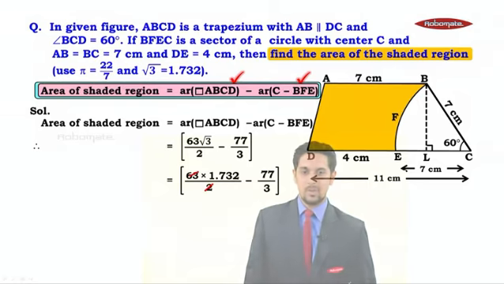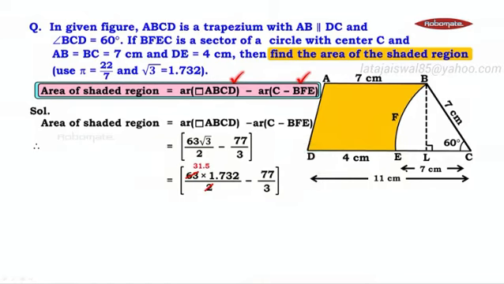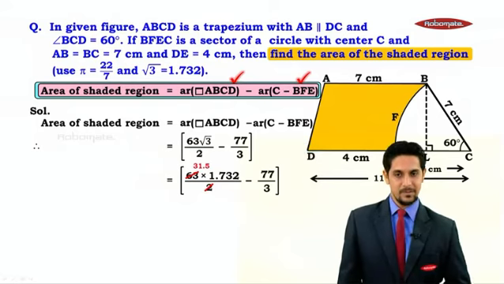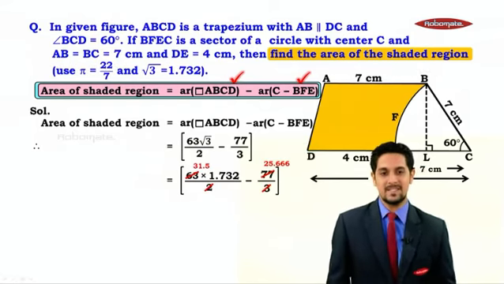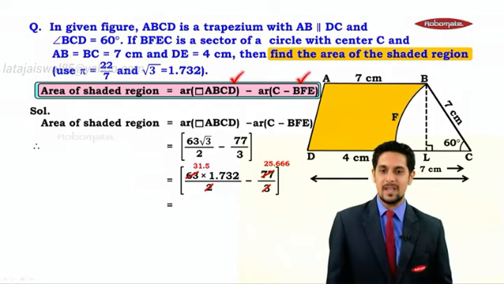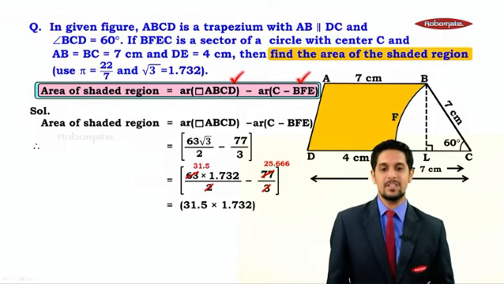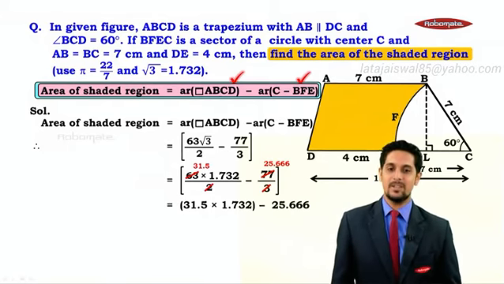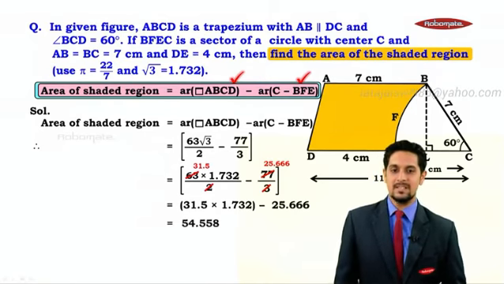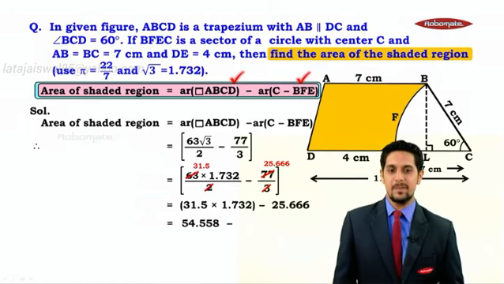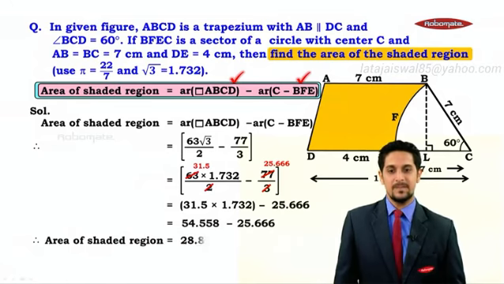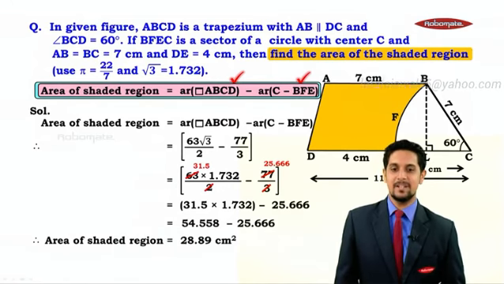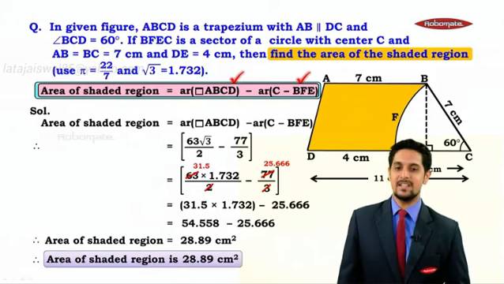We have 2 into 31.5 as 63. Further, we can also say 3 into 25.666 as 77. So we are left with 31.5 into 1.732 minus 25.666. The product of the two terms is 54.558 minus 25.666, which is now equal to 28.89 centimeters square. So the area of the shaded region is 28.89 centimeters square.